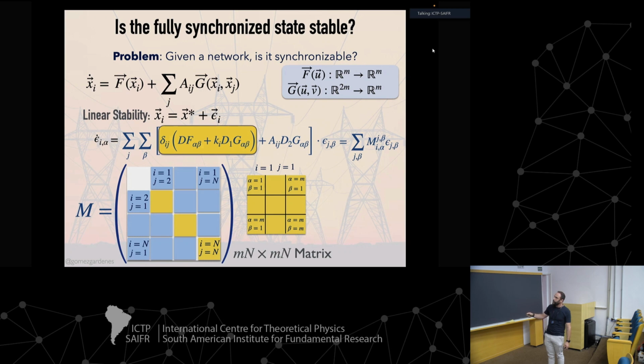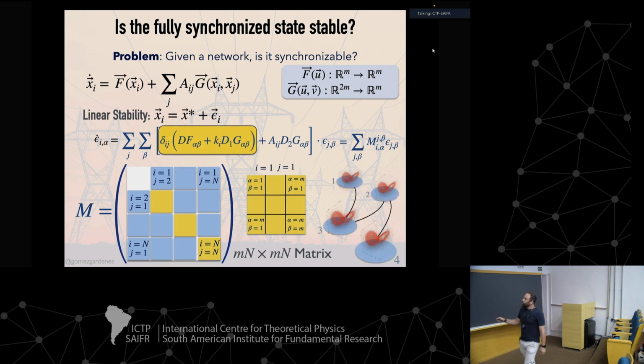Because it contains this delta j that corresponds to the elements in the diagonal. Okay. So the thing is that these submatrices, which are low-dimensional matrices, so in the case of the Rössler oscillator, these are 3 times 3 matrices, okay, contain the information about the evolution of the Rössler oscillator.